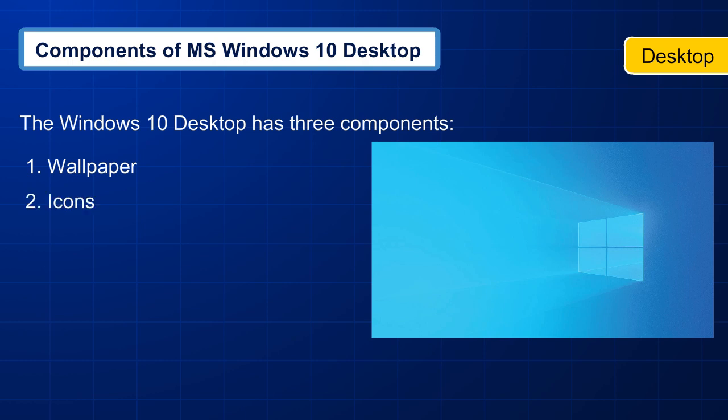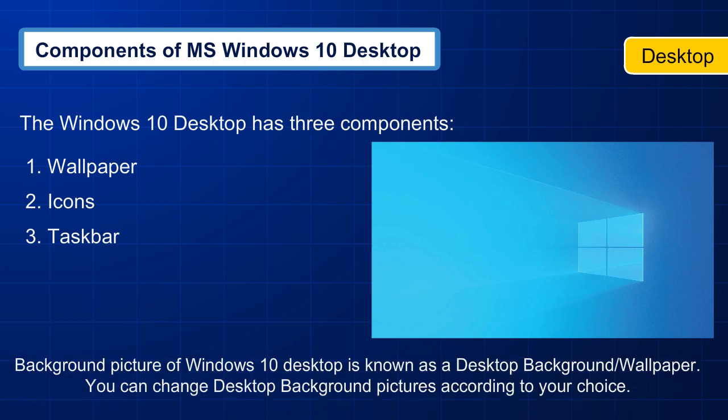Wallpaper, 2. Icons, 3. Taskbar. The background picture of the Windows 10 desktop is known as a desktop background or wallpaper. You can change desktop background pictures according to your choice.